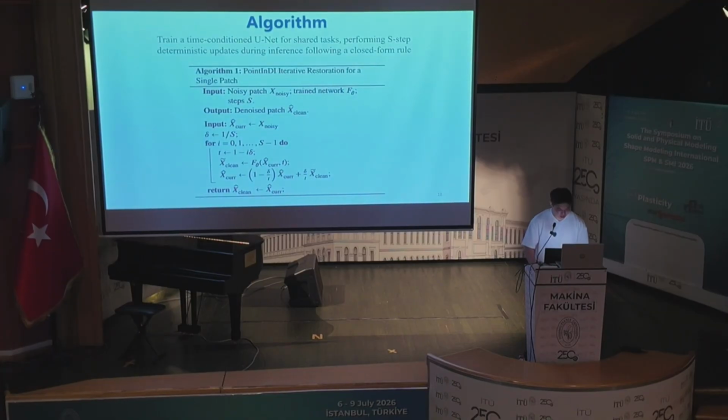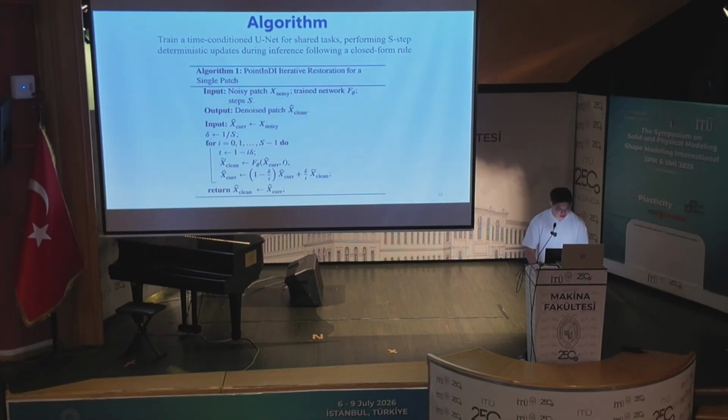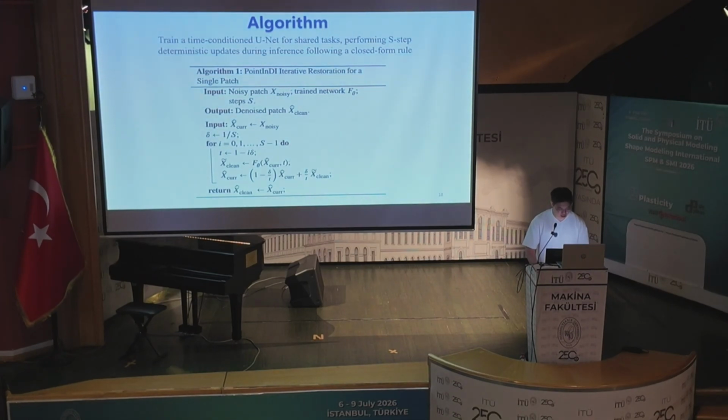The inference algorithm is simple. First, we initialize the current point cloud with the noisy input and set the number of refinement steps. Second, at each step, we feed the current point cloud and the current T into the time-conditioned network.